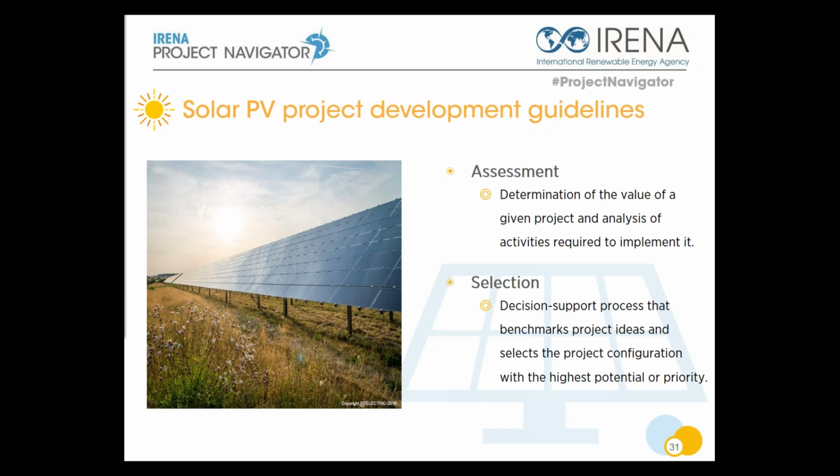The tools are in the form of Excel sheets, for example, where we can provide matrices to evaluate certain opportunities and rank different configurations. So in terms, for example, of land configuration, we provide a template where you can rank different configurations.